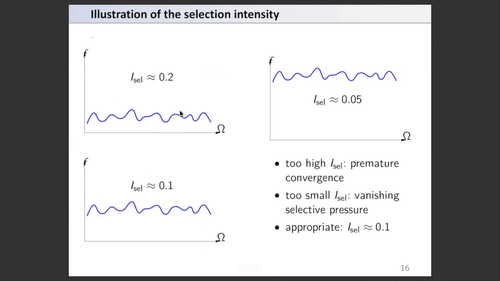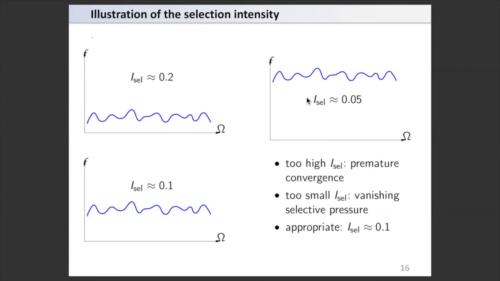Consider different functions. Here each one is obtained by shifting the original one. For this one, the selection intensity is 0.2. This is too high, so it may result in premature convergence.